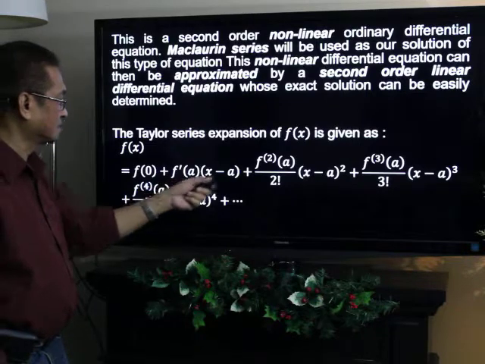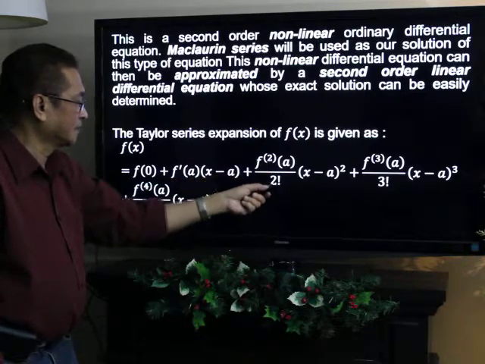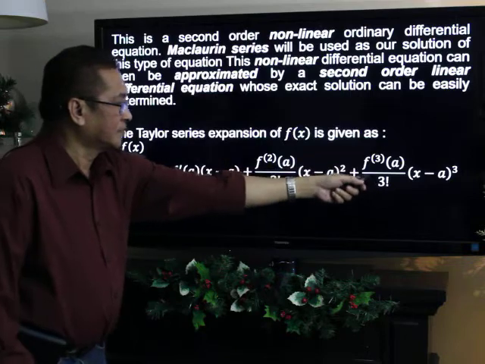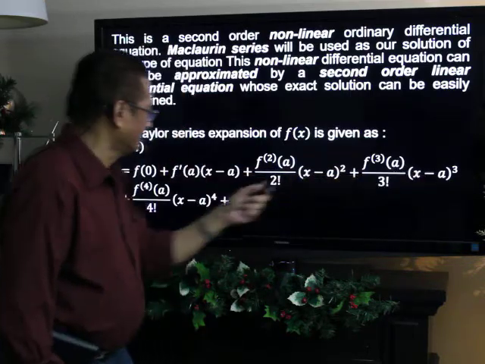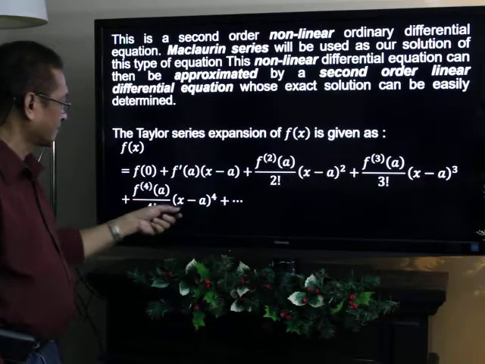So you see the trend here. Second derivative, 2 factorial, squared; third derivative, 3 factorial, cubed; and fourth derivative, 4 factorial, and fourth.